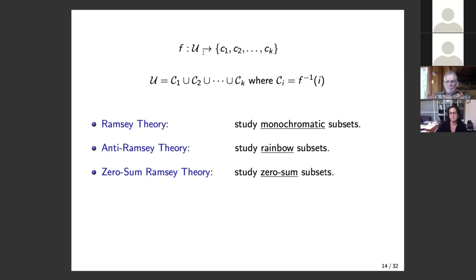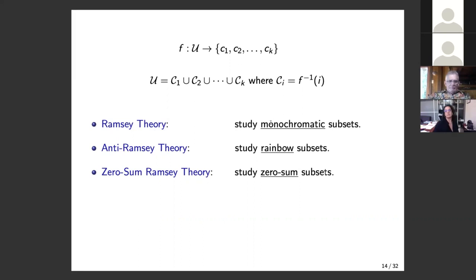In Ramsey theory, you have a mathematical universe, whatever you want, and you consider all the colorings. The number of colors could be more than 2, and a coloring is just a mapping from the universe to a finite set of colors. Or you can see a coloring as a partition of the universe into different sets, which are called the color classes.